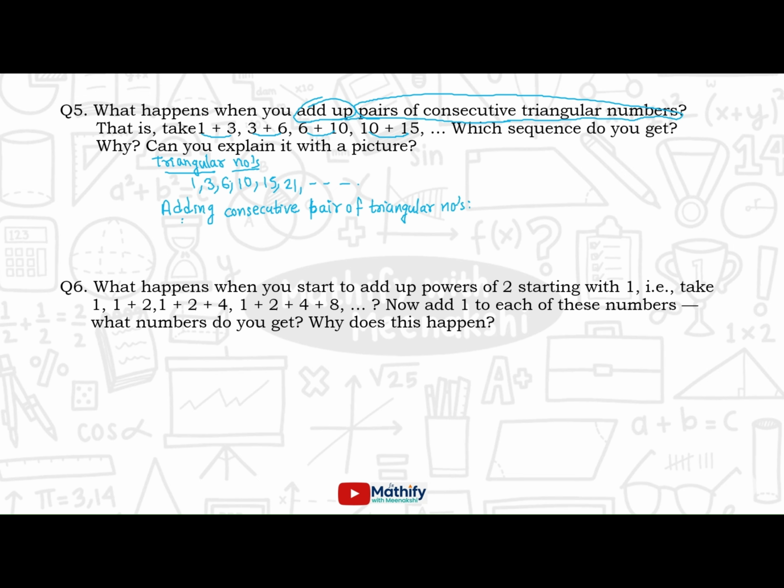We'll get 1 plus 3, then 3 plus 6, then 6 plus 10, then 10 plus 15, and then 15 plus 21, and so on. So which sequence will we get? Let's add that: 4, 9, 16, 25, 36.